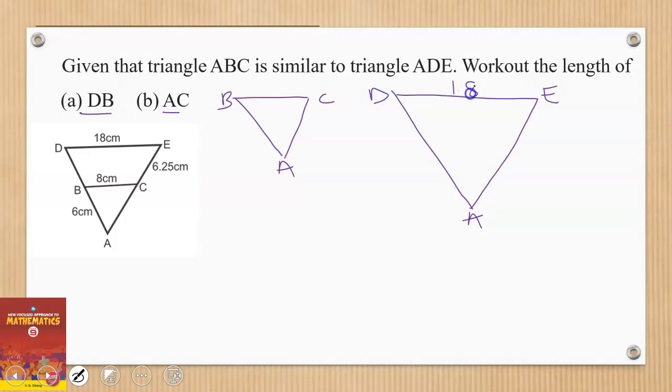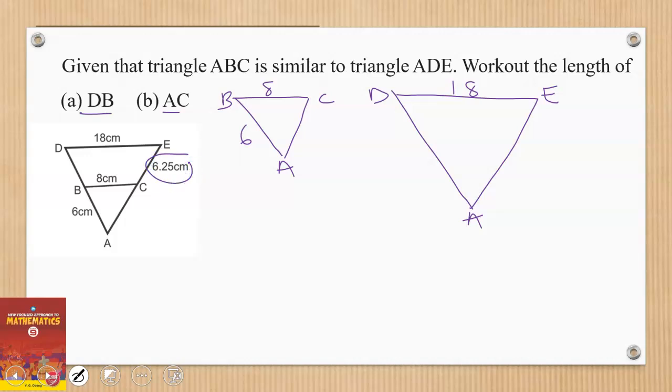Now I know here to be 18 according to the question, and I know here also to be 8. I know the side here, that is AB, to be 6, and the side CE cannot be tracked from here, so we leave it like that for now. We just keep this one as it is.